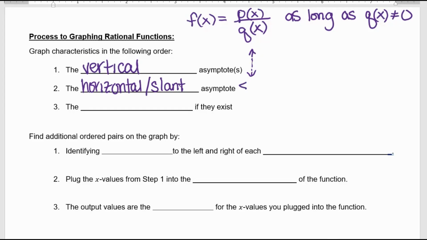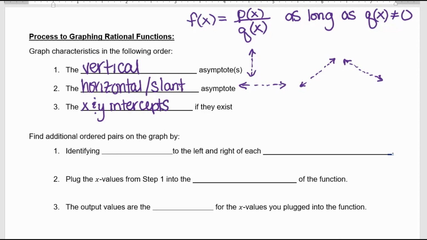Remember, horizontal goes left to right, like you're scanning the horizon, and a slant asymptote can either go up or it can decrease, but it's at a slant. And finally, you want to do the x and y intercepts if they exist. They don't always exist, and that's okay.